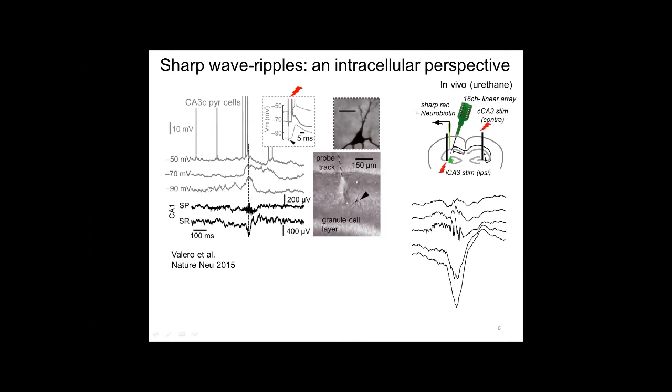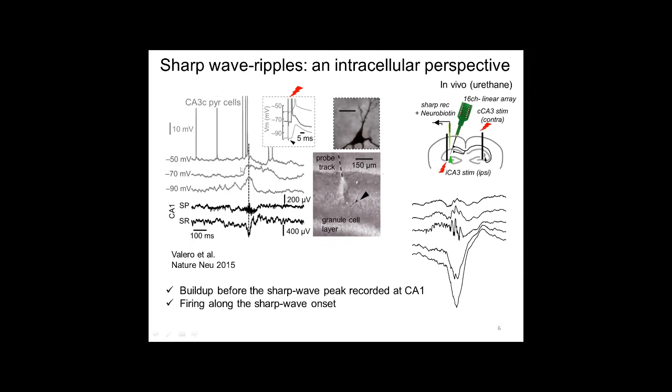When you look at the activity of single CA3 cells during sharp wave ripples across different membrane potentials, you see them increasing the activity, depolarizing and firing just before, and this build-up precedes somehow the sharp wave peak recorded in the CA1.